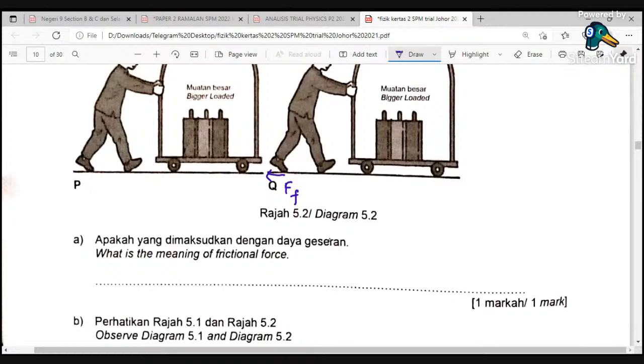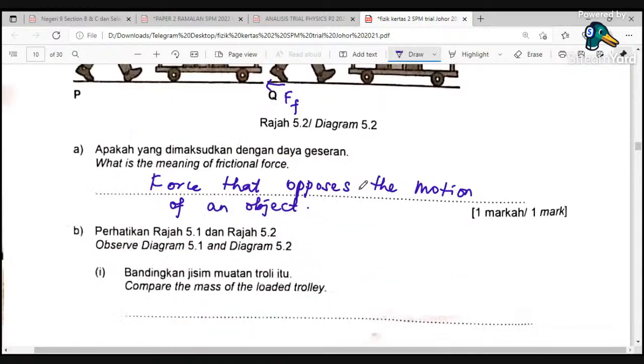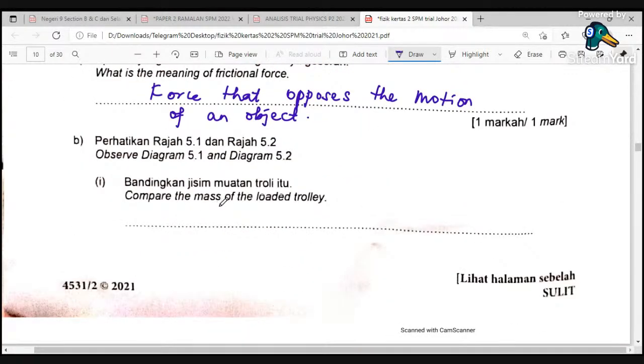So definition, force that opposes the motion of an object. Yang menentang action, daya perseveran.